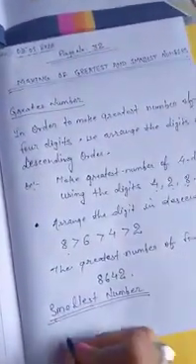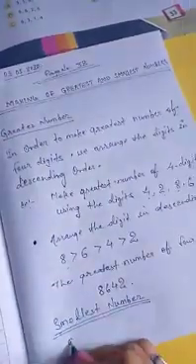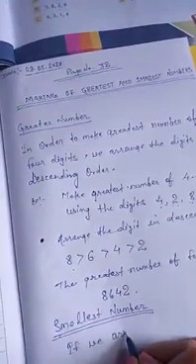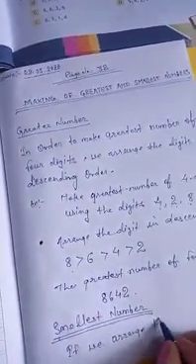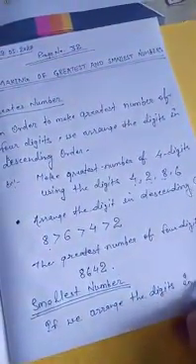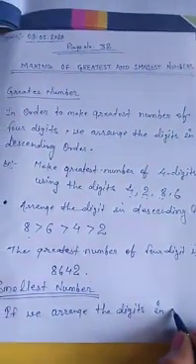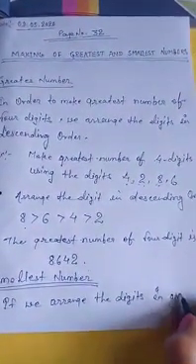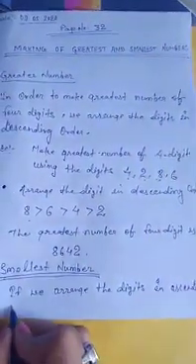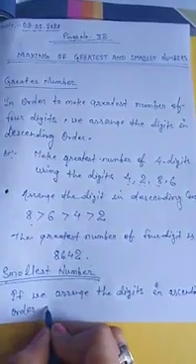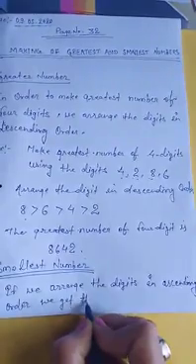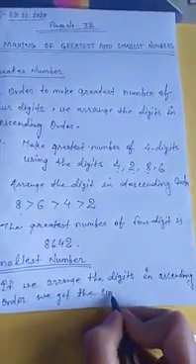And here if we arrange the digits in ascending order, we get the smallest number.